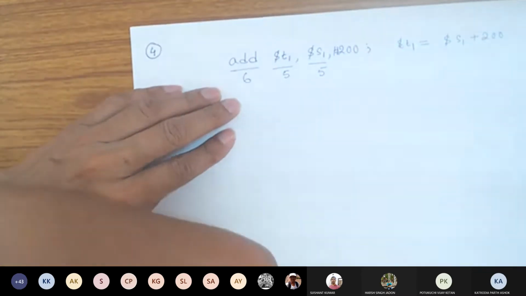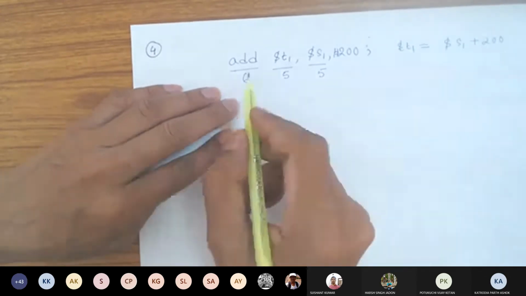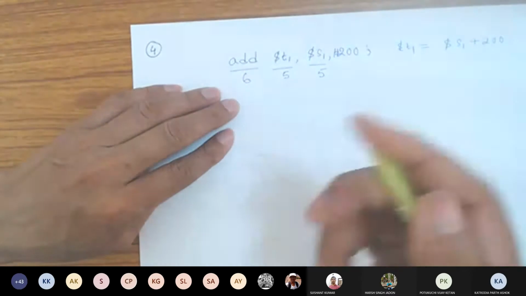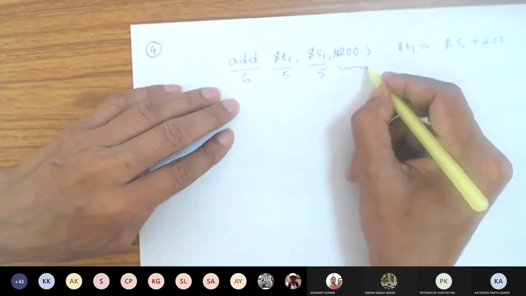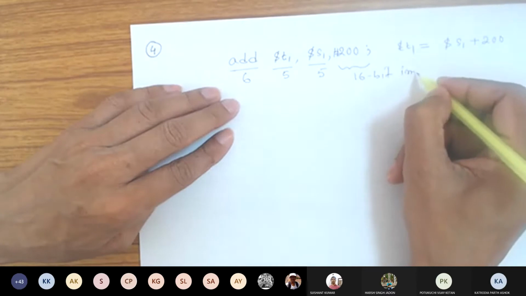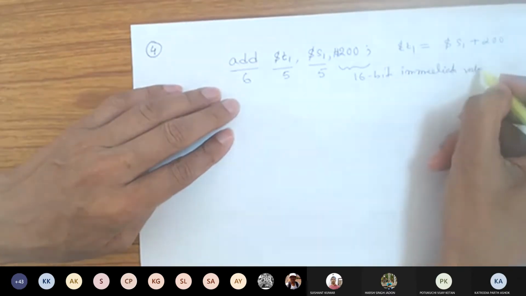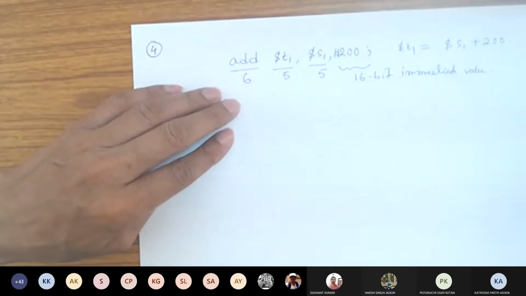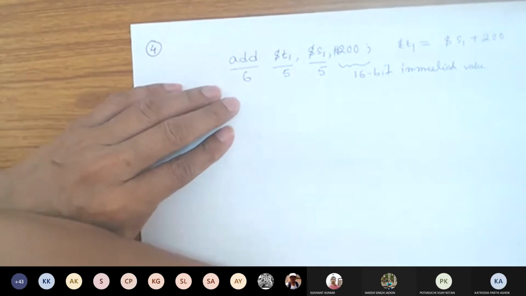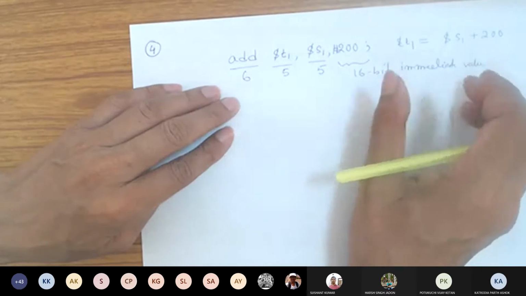So when it is add immediate, you can have a 16-bit offset, a 16-bit immediate value. So you know how large the constant can be.